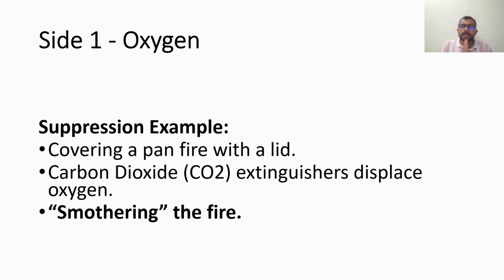The second one is the carbon dioxide extinguishers, CO2 extinguishers. When you discharge the CO2 towards the fire, the CO2 displaces the oxygen in order to extinguish the fire. That is the principle behind the carbon dioxide extinguisher. Basically, it is like smothering. That action of displacing the oxygen from the fire is called smothering.